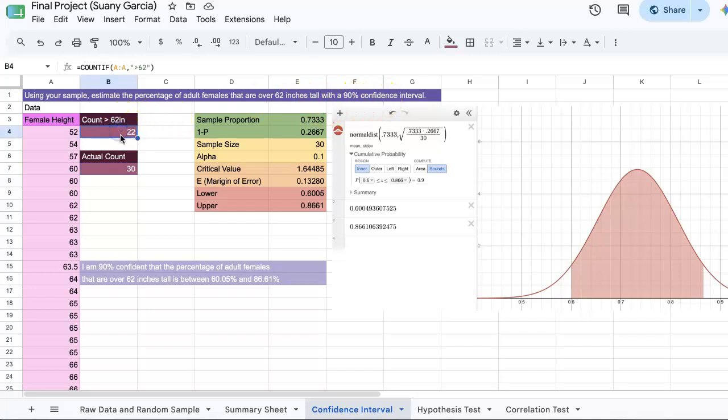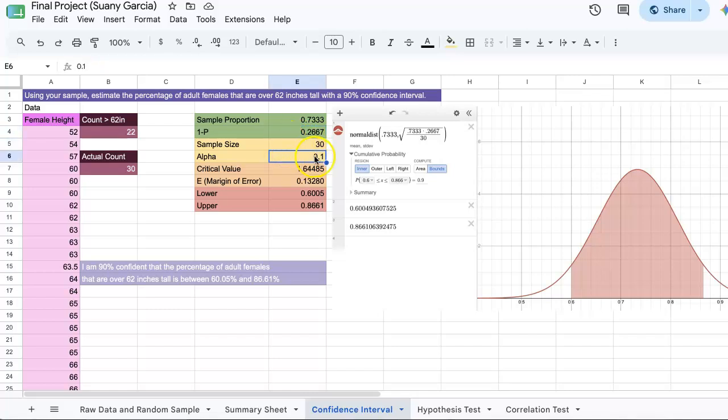So you can see that 22 of those value points are over 62 inches tall. And then we went on to do the sample proportion, which is 22 divided by 30. 1 minus the sample proportion was 0.2667.